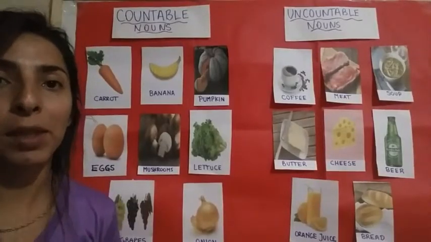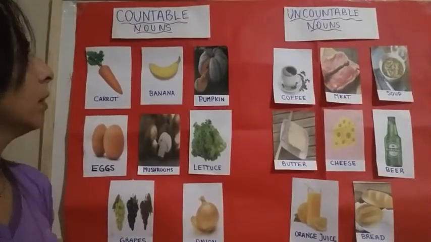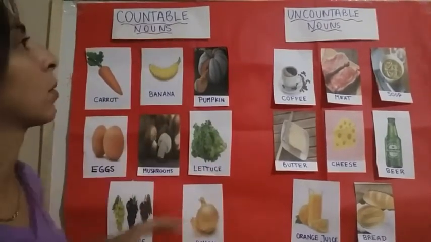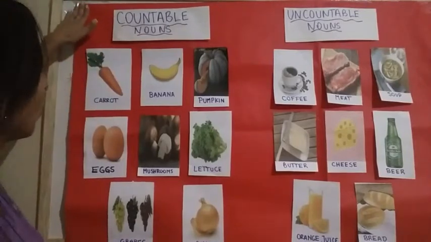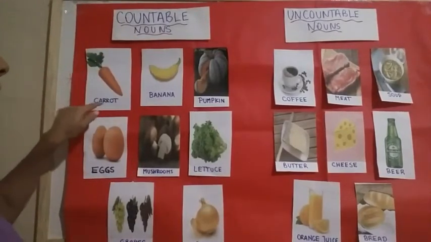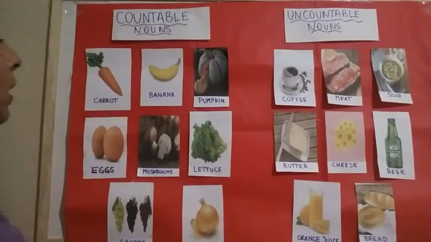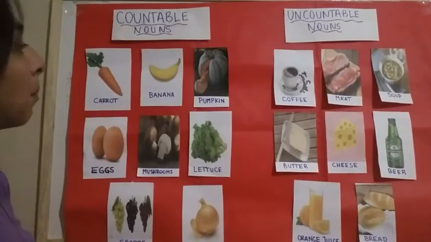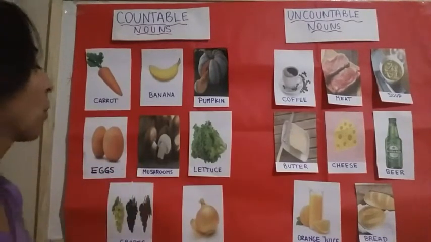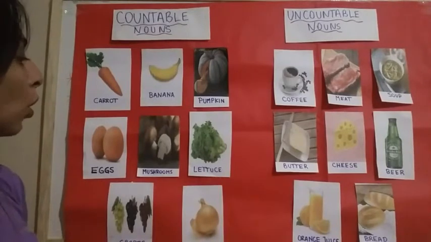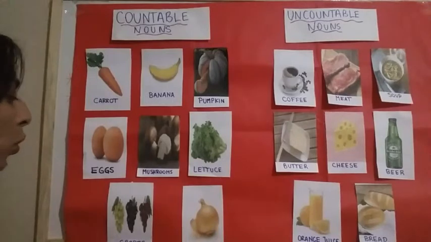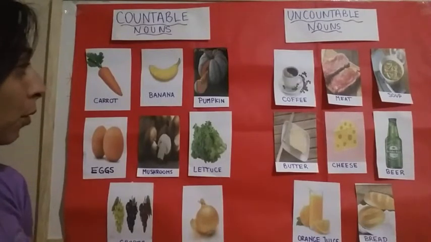Here we have some pictures of nouns, and they are divided in 2 groups, countable nouns and uncountable nouns. Countable nouns are carrot, que es la zanahoria, banana, la banana como todos la conocemos, pumpkin, es el zapallo, eggs son los huevos, mushrooms son los hongos, lettuce es la lechuga, grapes son las uvas, y onion, la cebolla.